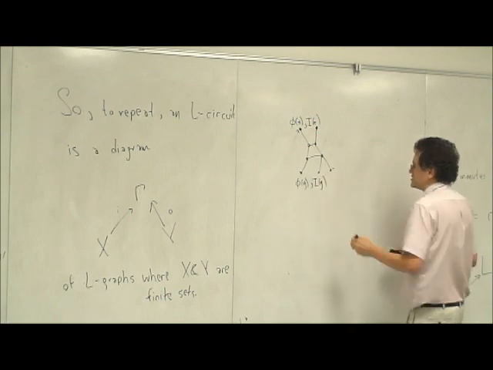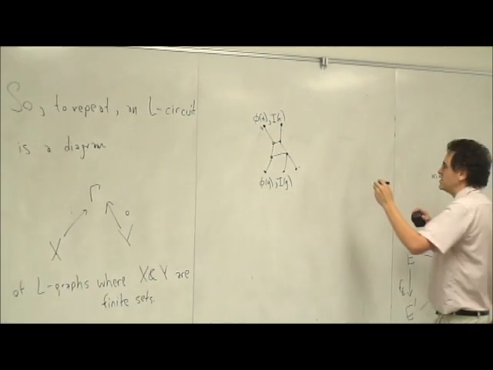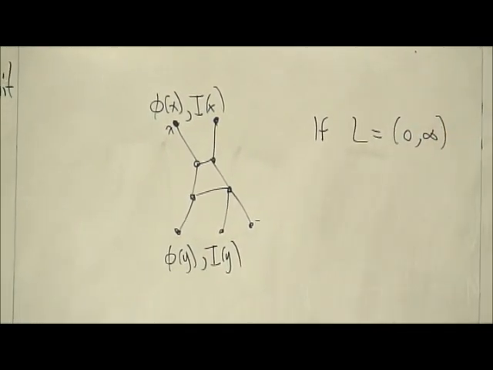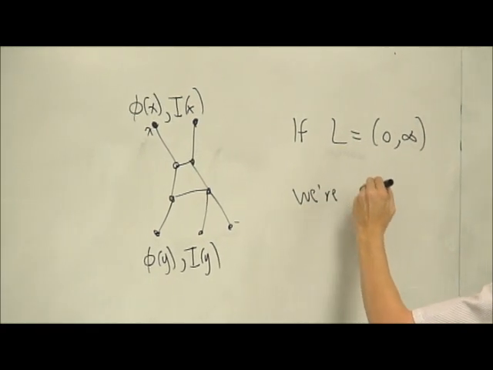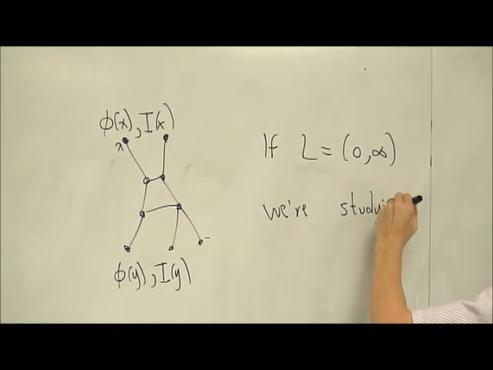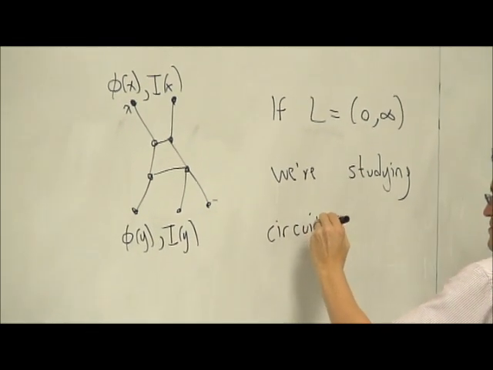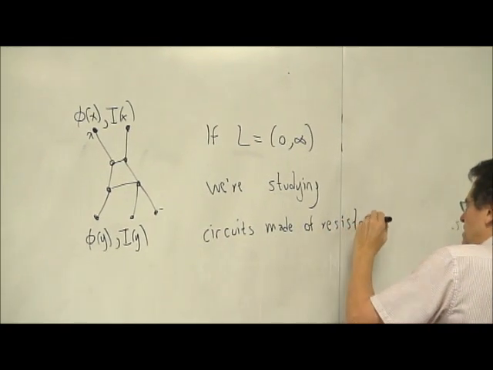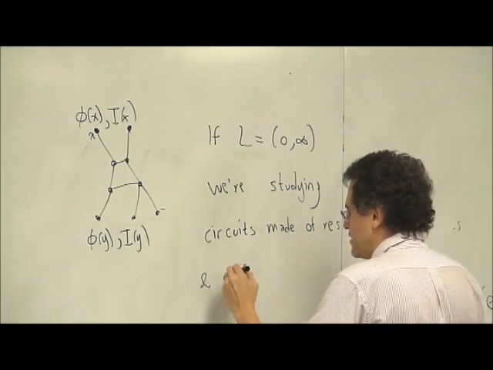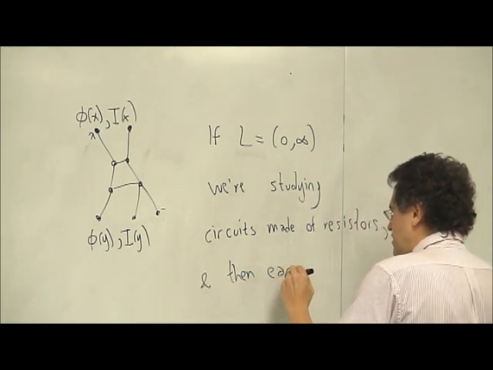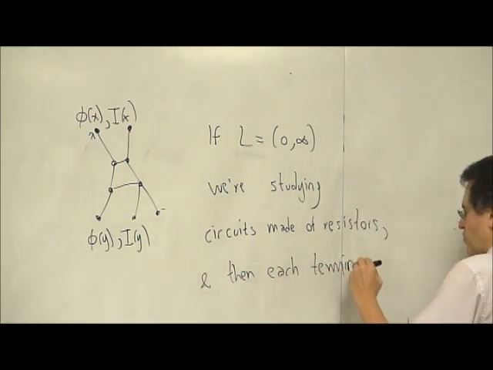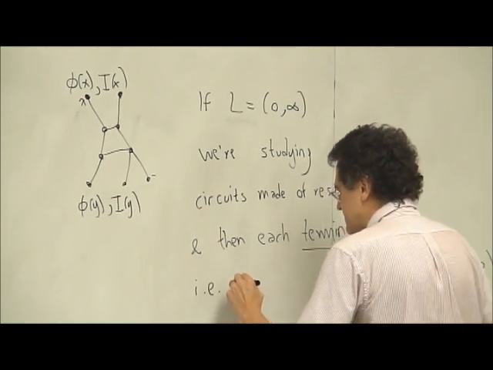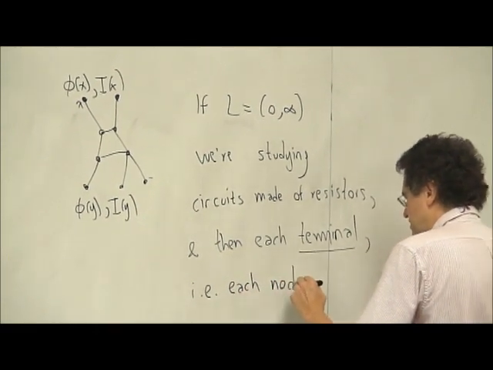So now I'm doing stuff that electrical engineers know about. So if our label set is (0, ∞), we're studying circuits made of resistors. And then each terminal, that's what I'll use for an input or output, sorry, I said vertex, I want to say node.